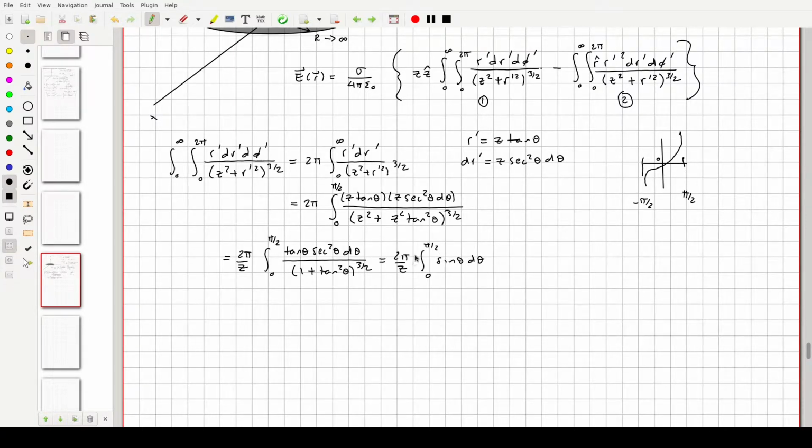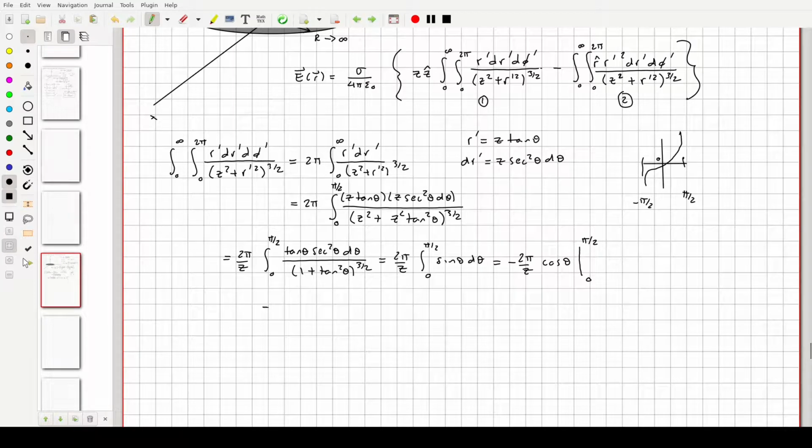The derivative of sine is cosine. The derivative of cosine is minus sine. So this is going to put a minus sign out in front when we do the antiderivative, 2 pi over z. So you have a cosine of theta evaluated from 0 to pi over 2.